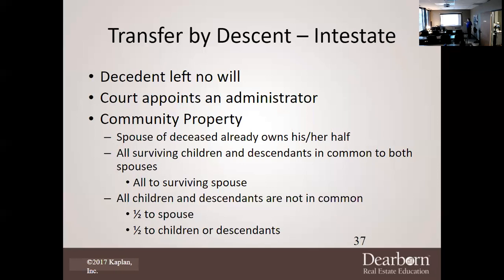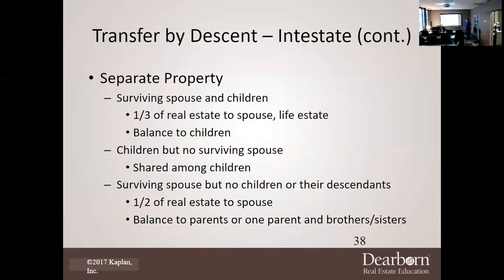If all surviving children and descendants are in common to both, meaning that your parents never were broken up, they've always been your parents, if the wife dies, the husband automatically gets everything. But if the children and descendants are not in common, then the spouse only gets half, and the other half goes to the children. Does that make sense? Okay.